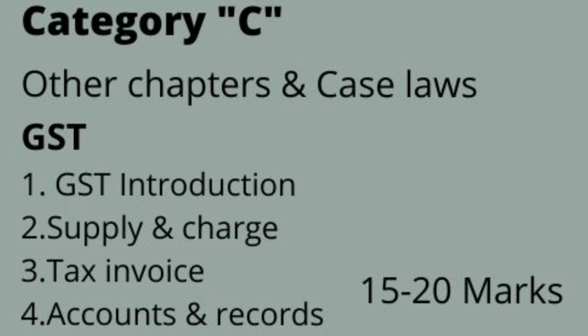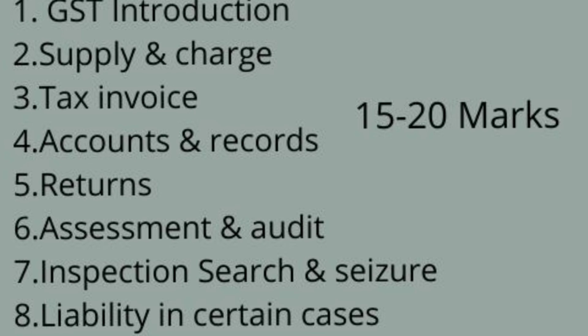See, all the rest of the topics that are not covered in category A and B are covered in category C, simple as that. Case laws are also covered in category C. So if you have done category A and category B very well, and if you have time, do category C. I would say that if you want to go for more than 100 marks, you will certainly be able to attempt it from category A and category B. But if you want to prepare fully, then you must go for category C also.